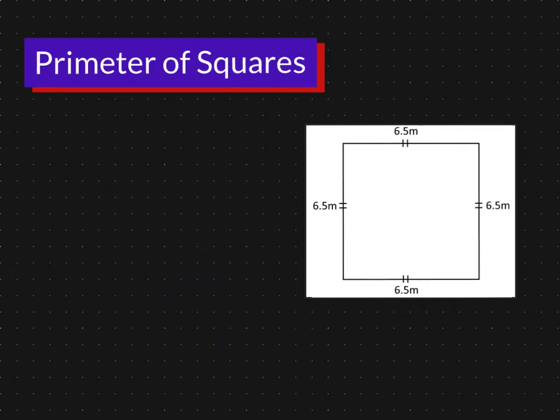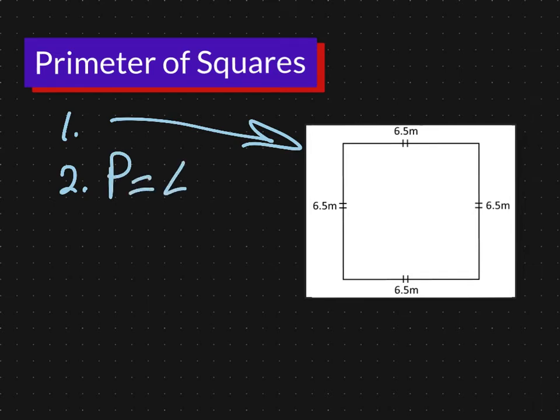So let's apply the steps and find the perimeter of this square. Well, first we would draw and label the figure, but that's already been done for us here. Next, we're going to write the formula, which is perimeter is equal to 4 times the length of a side. Now we're going to substitute the values.